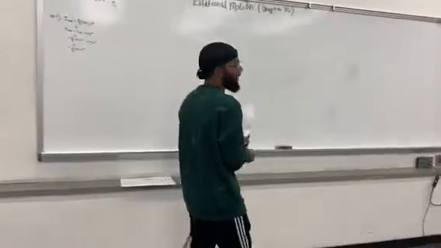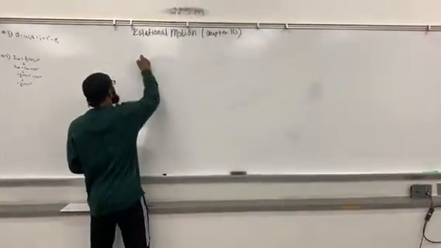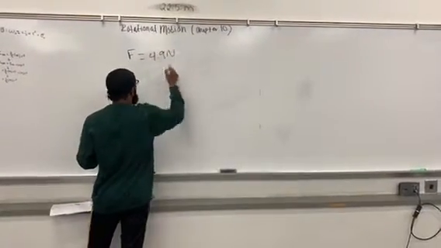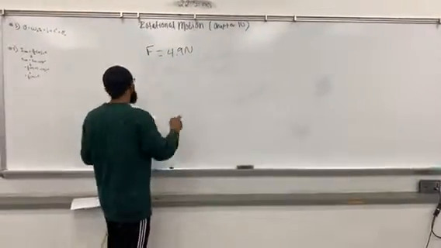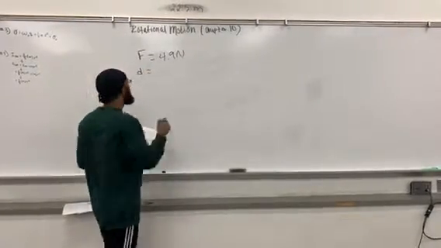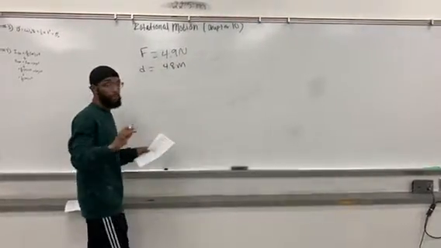Let's talk about the stuff that we know. We know the force, which is F, is equal to 4.9 newtons. And we also know the distance of where the force was applied. I applied the force 0.48 meters from the door.